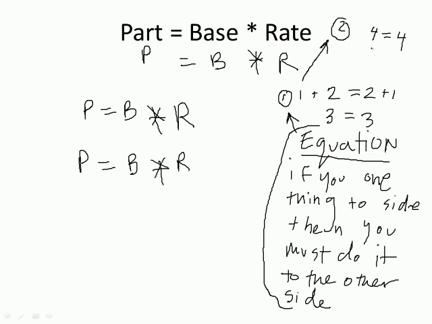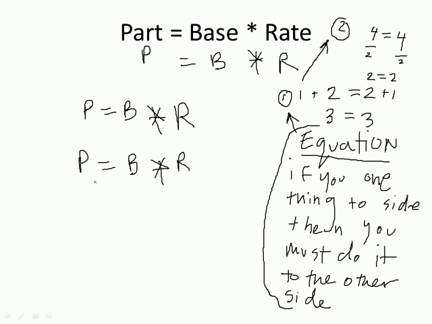Well, that's true. But what if we divided both sides by 2? What would we get? 4 divided by 2 is 2. Notice that in both of these examples, if we do something, the numbers on both sides change, but the equal sign and the fact that both sides are equal remain true.